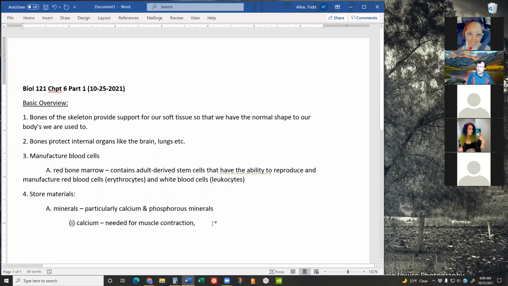Calcium is also needed to release neurotransmitters in the brain. Without calcium, we don't get things like dopamine or serotonin released. Calcium is also needed for releasing some of our hormones in the endocrine system from glandular tissue.